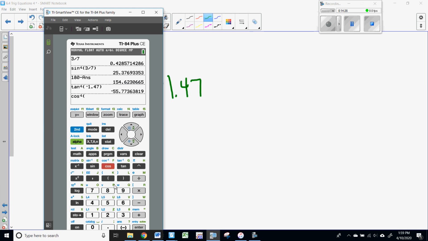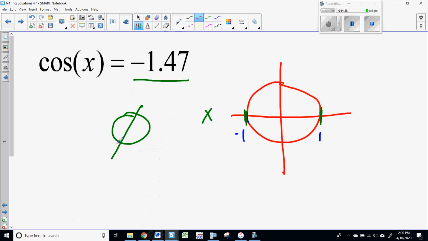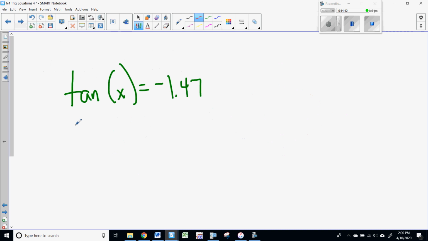But if I try to do inverse cosine of -1.47, I will get an error. So if you have a number for sine and cosine that is bigger than 1, you're going to get an error, and the answer is no solution. If it is for tangent or cotangent, that will be okay.